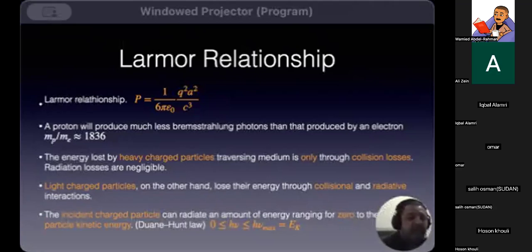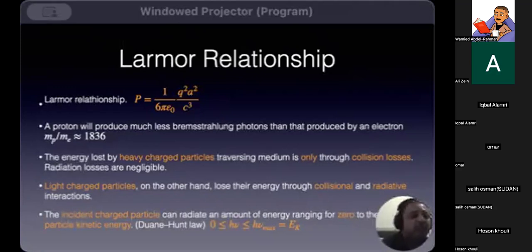On the other hand, when we're talking about light charged particles, so these are electrons and positrons, they lose their energy in the medium through collisions. They will collide with other electrons in the medium, orbital electrons, but on some occasions they will interact with the nucleus. When the interaction is inelastic, they will emit radiation, or Bremsstrahlung radiation.